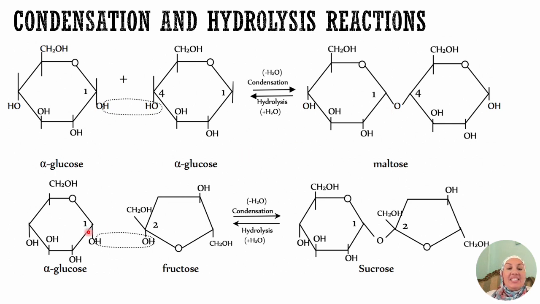The same thing happens with alpha glucose and fructose. We don't have to memorize fructose. Usually questions will give you the structure of fructose and then ask you to show how it is joined to alpha glucose to form sucrose.